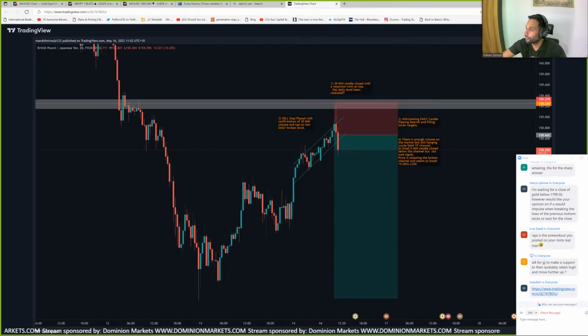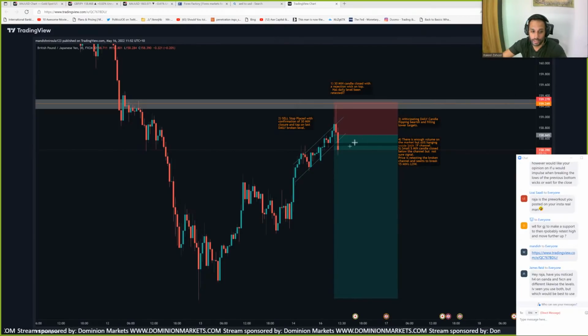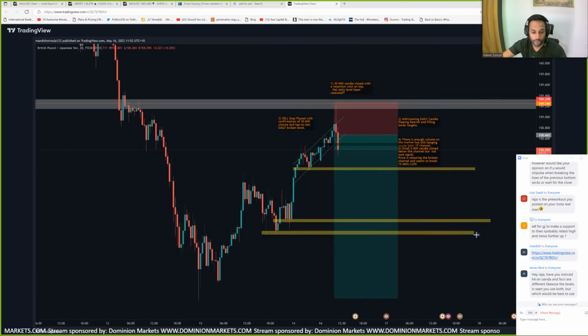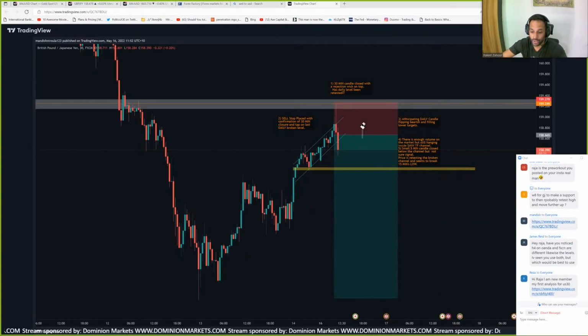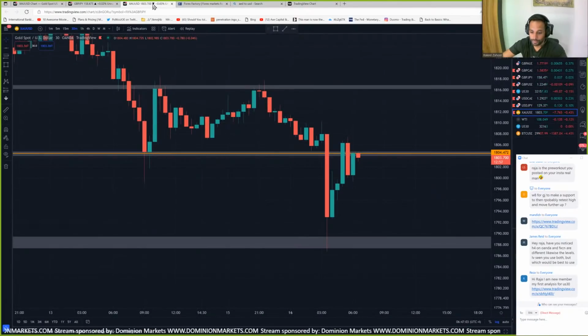Because you have a support right over here. We broke below this area, and you got support right over here, and here. So price has to break all these levels to come down to your take profit. While it moves down, you have to secure some profits as well as it moves down.